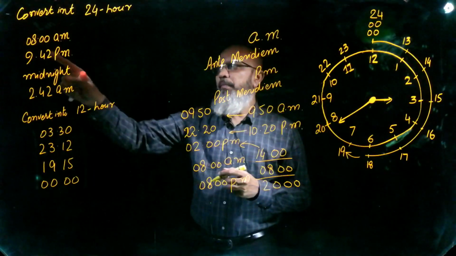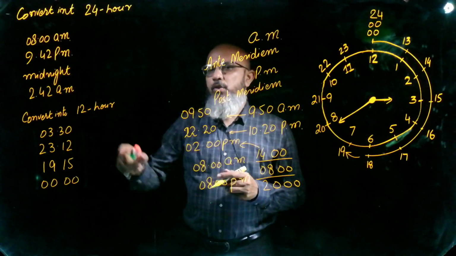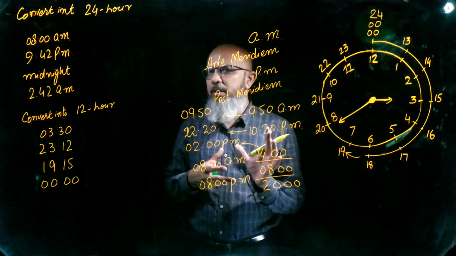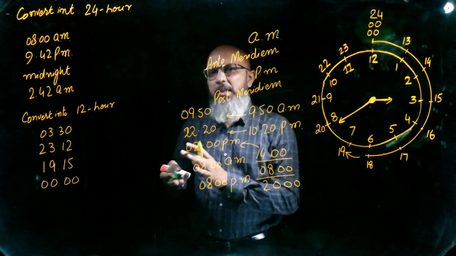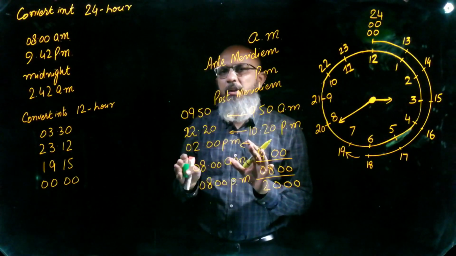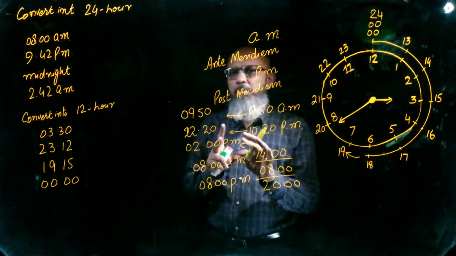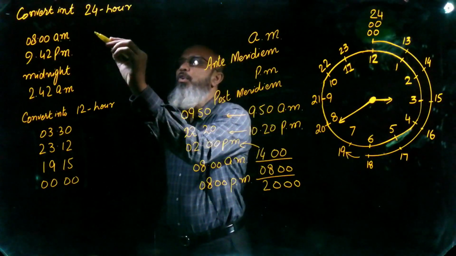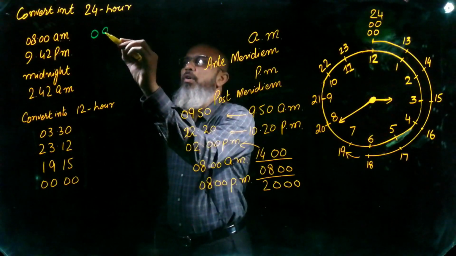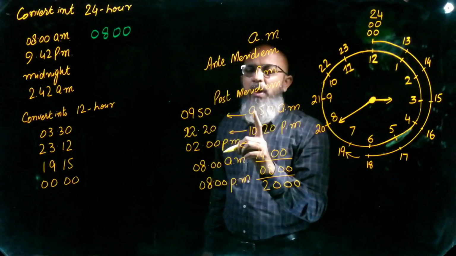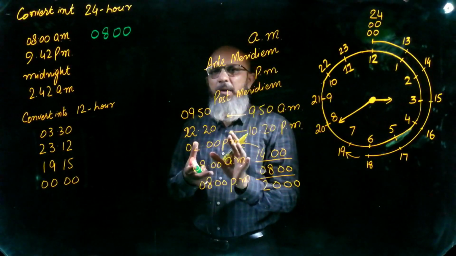First of all, that is 8 a.m. Do we need to change this into the 24-hour clock? No. As I said earlier, if it is less than 12, then we need not add or subtract anything. Simply you will write 0800, and now no need to write AM or PM, right?